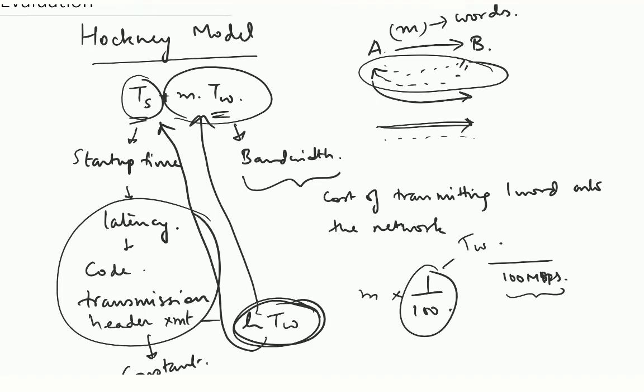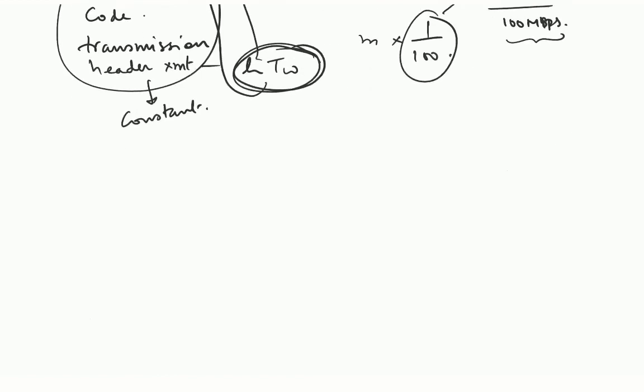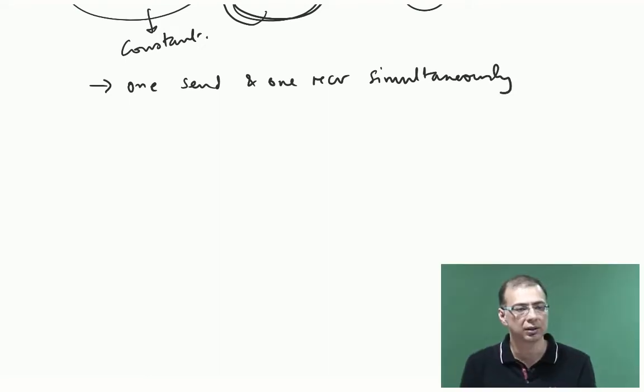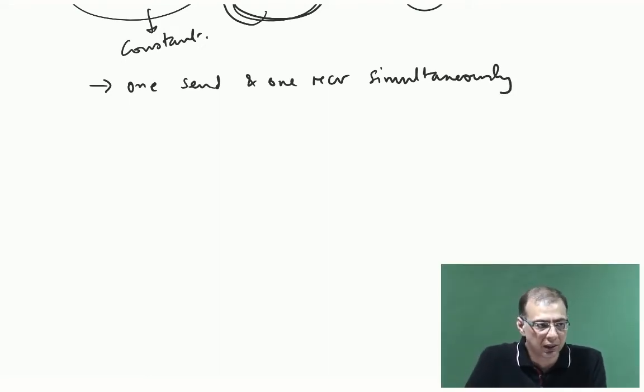There are certain other assumptions also over here. What are the other assumptions? It assumes that you can only do one send and one receive simultaneously. So you cannot send to two different nodes at the same point in time, right?